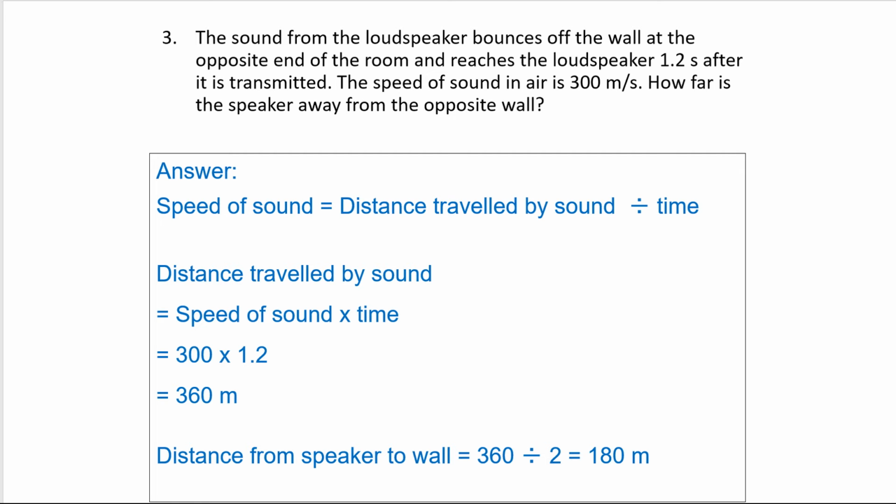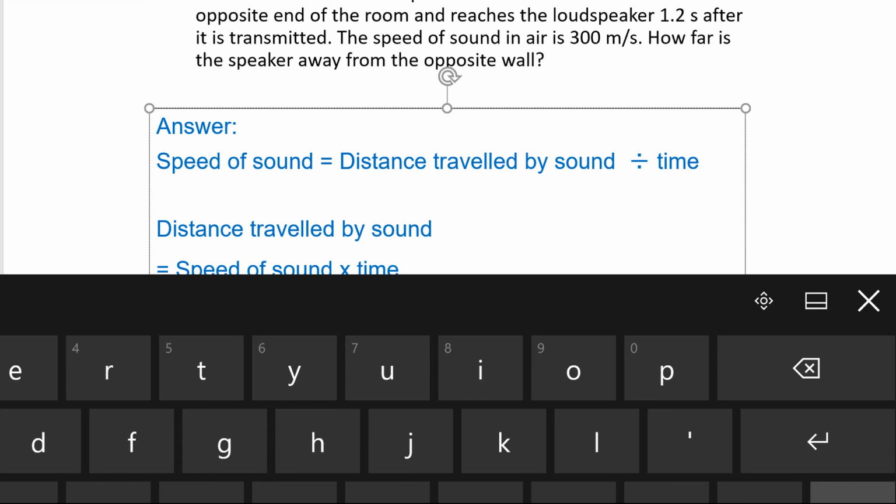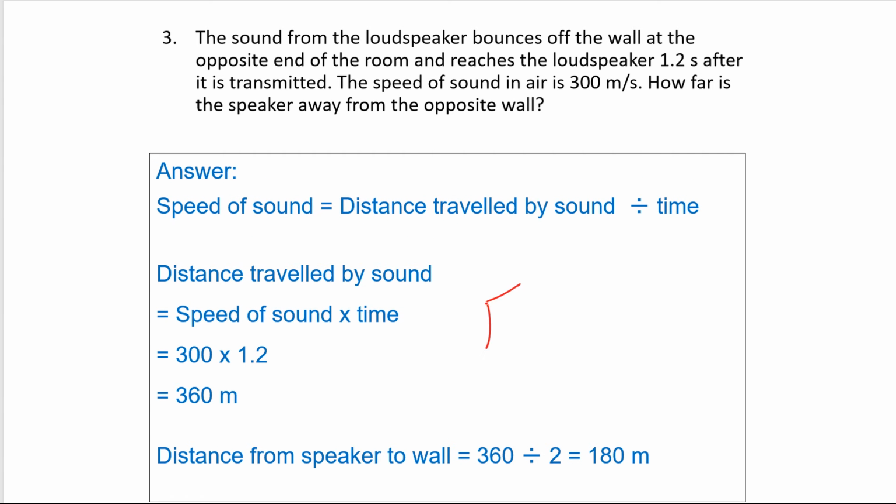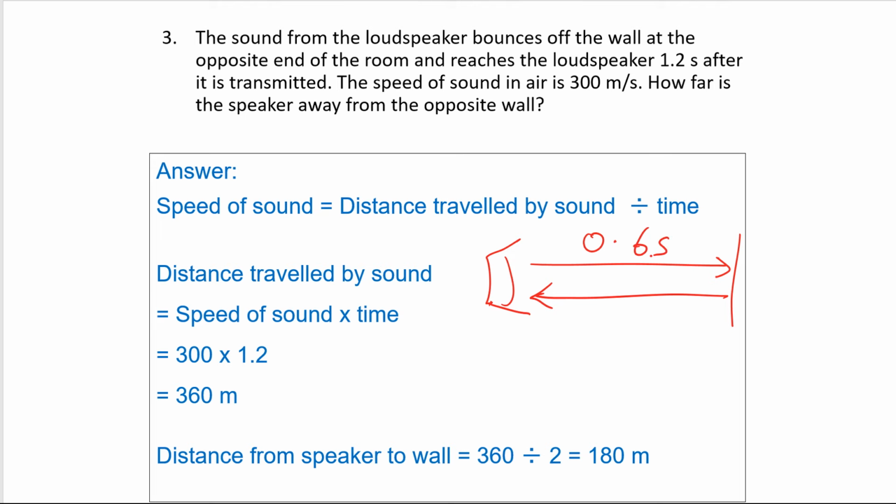Okay, right. So just now we mentioned that the loudspeaker is here and it traveled to the wall and come back. Each journey is 0.6 seconds, right? And the speed is also given.